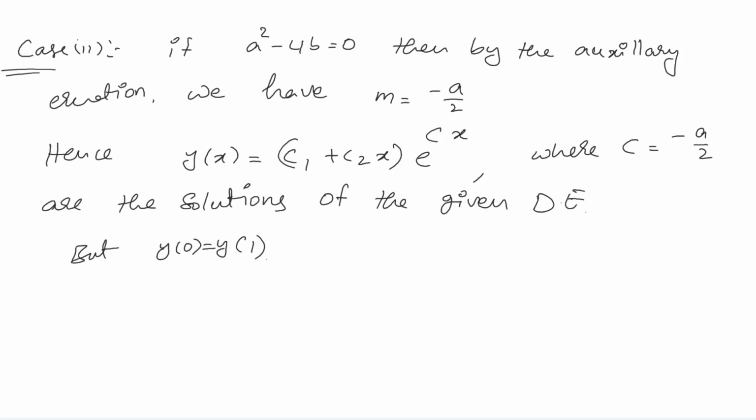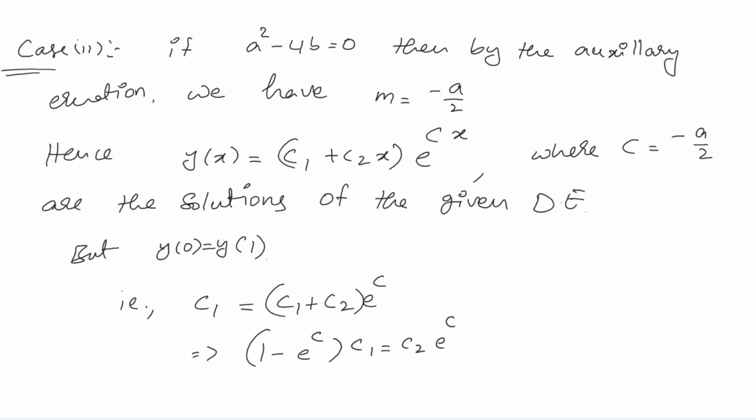So by the given condition we have y of 0 equal to y of 1, that is c1 equal to c1 plus c2 e to the power of c. From this we can see (1 minus e to the power of c) times c1 equal to c2 e to the power of c. And from this we can observe c1 in terms of c2 as c1 equal to c2 times e to the power of c divided by 1 minus e to the power of c.